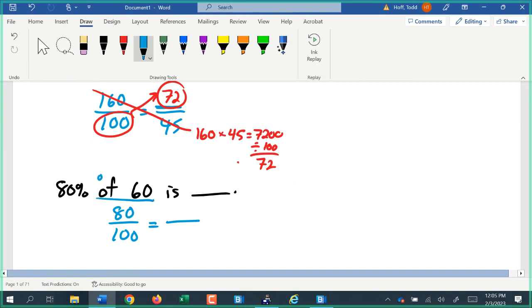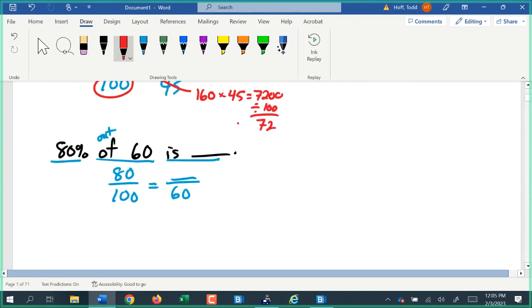Of 60 can be read as out of 60, so that means the 60 goes on bottom. 80% is blank implies the missing number matches up with the 80%. So again, we find the numbers that are diagonal. That's 60 and 80. We multiply those to get 4,800. 100 is diagonal to our missing number, so we divide by the 100 to get 48. That's 48. 80% of 60 is 48.